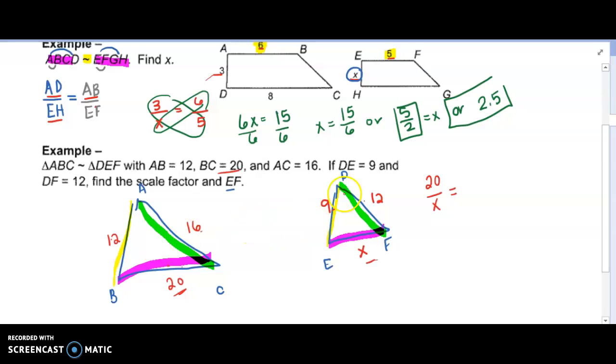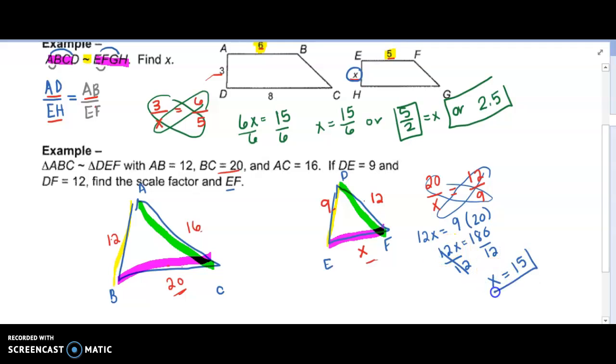I'm just going to use 12 and 9 just because they're smaller numbers. When I cross multiply, 12x equals 9 times 20, or 12x equals 180. Divide both sides by 12. I get x equals 15. So EF is 15.